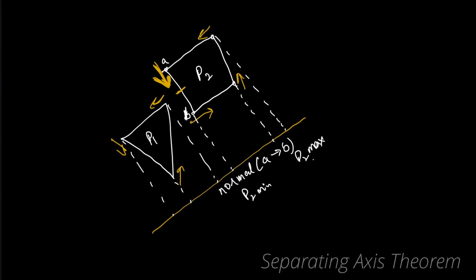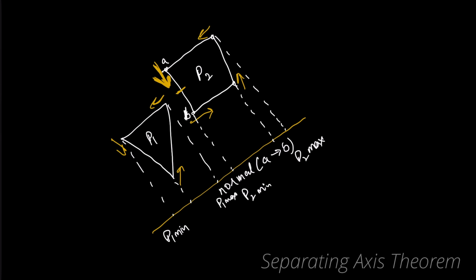That's the shadow or the projection. And then we have P1 min and P1 max, right? And we just check these projections if there is any overlap, and we need to do that for all axes.